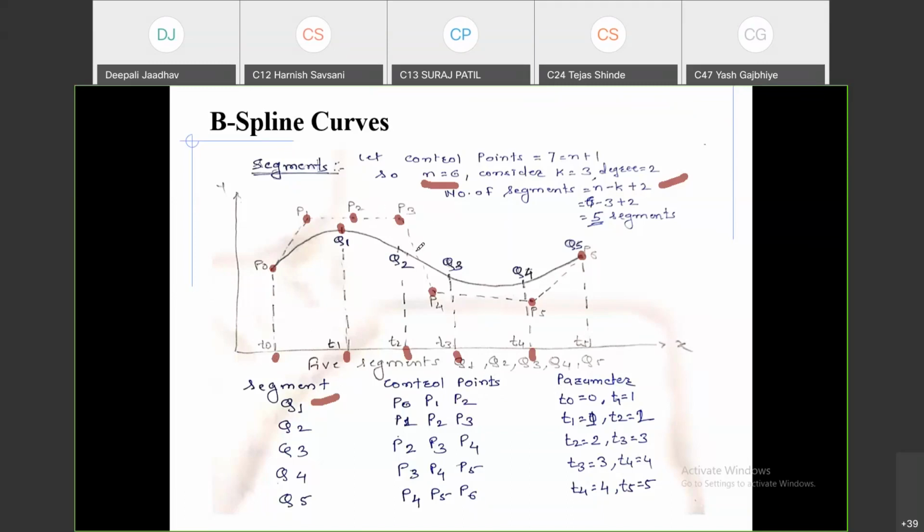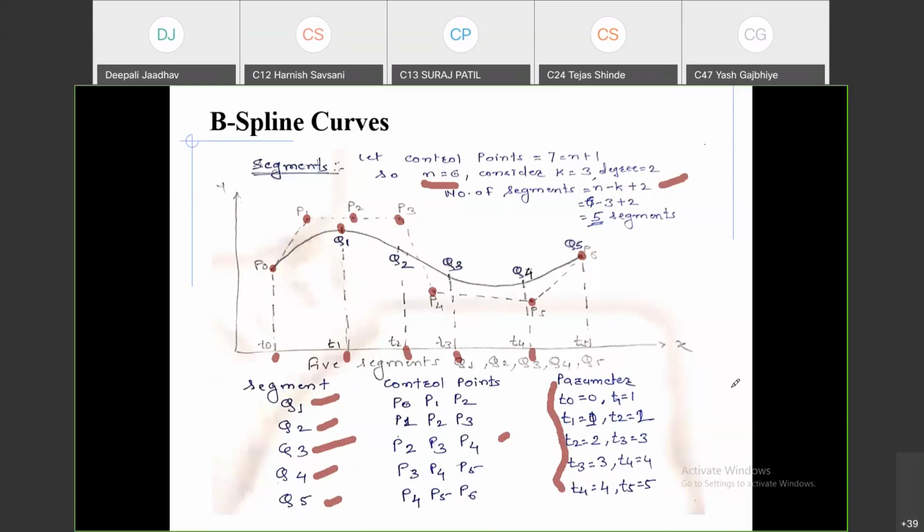Then Q2 is controlled by P2, P3 and P4 with T equal to 1 and T equal to 2. As there are 5 segments, T starts from 0 to 5. Then Q3 is controlled by P2, P3, P4. Then Q4 is controlled by P3, P4, P5 and Q5 is controlled by P4, P5 and P6 with the parameter T values.